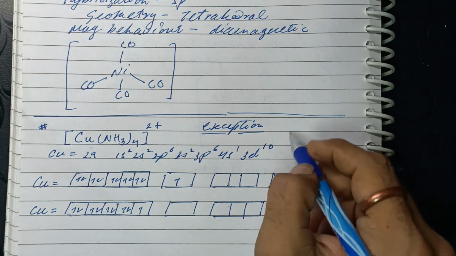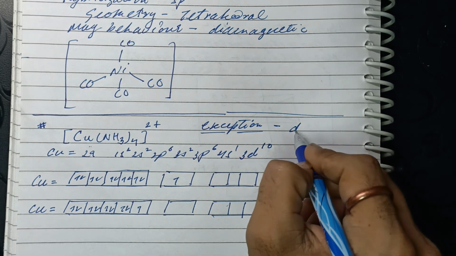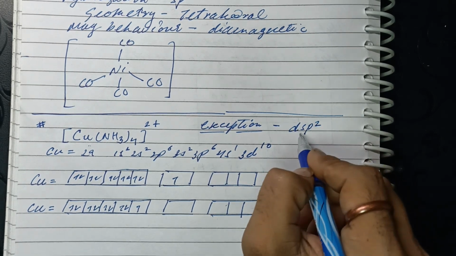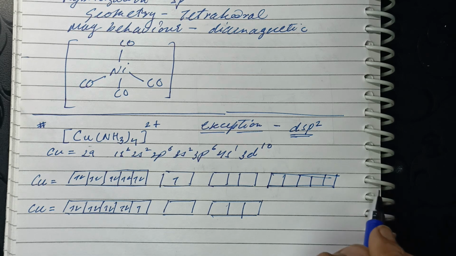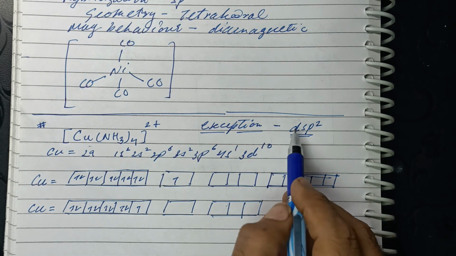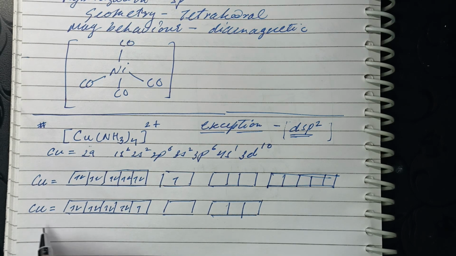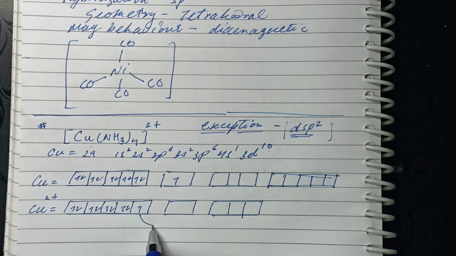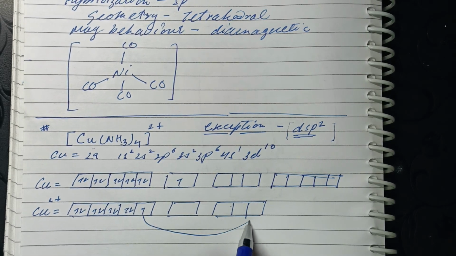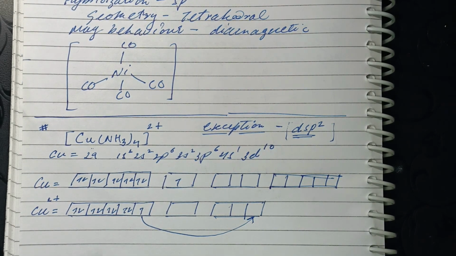Now, we have been told that the hybridization of this complex is dsp2. Experimentally, it has been observed. It means this 1 electron will jump into the vacant p orbital.